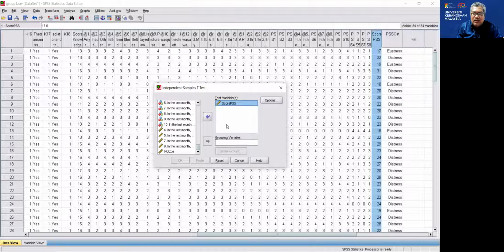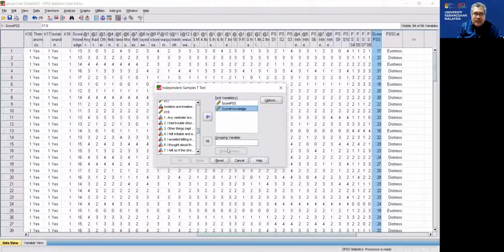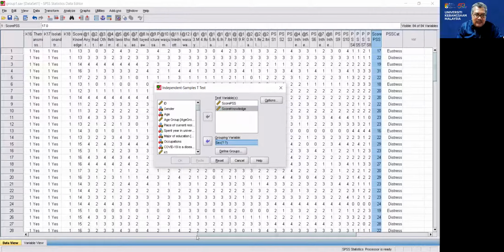Here we also have the data for knowledge, so we can put the score for knowledge also. We're comparing the boys and the girls, this is gender, sex. So we put it down here. As for the gender, we need to know the code. How is male coded?